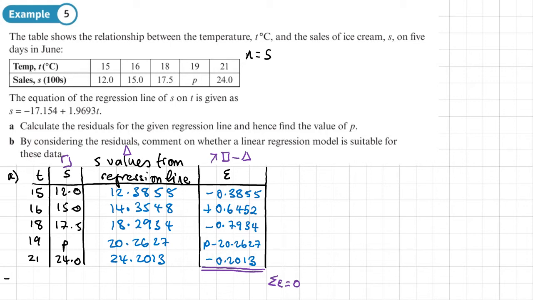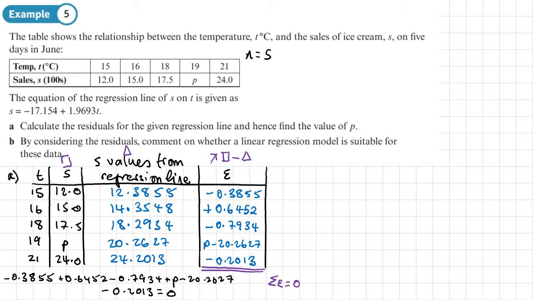Negative 0.3855 plus 0.6452 minus 0.7934 plus P minus 20.2627 minus 0.2013 equals 0. We just need to solve that equation to find P.